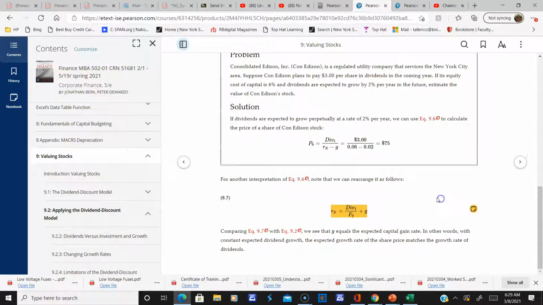It's the same equation, and here's the growth rate, and here is the dividend rate. Okay, so this is the capital gains on the stock, right? So again, it's the same equation as 9.6, just rewritten for your enjoyment and pleasure. All right.